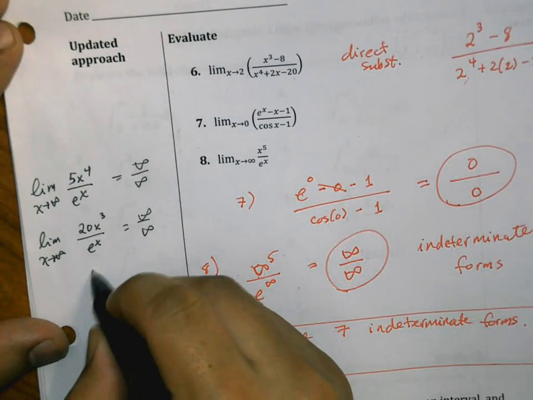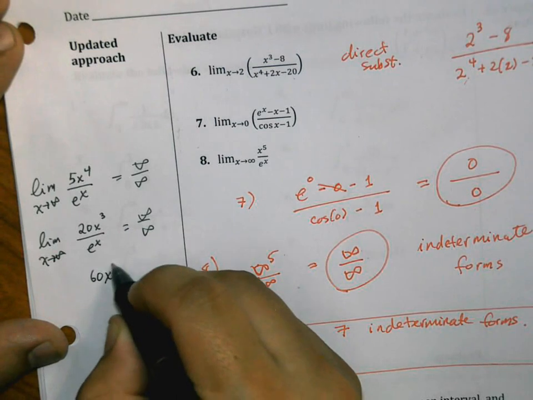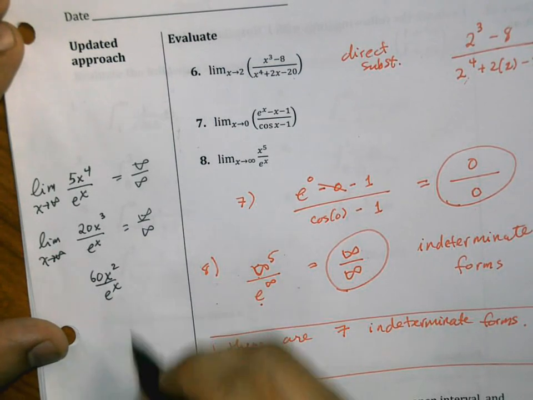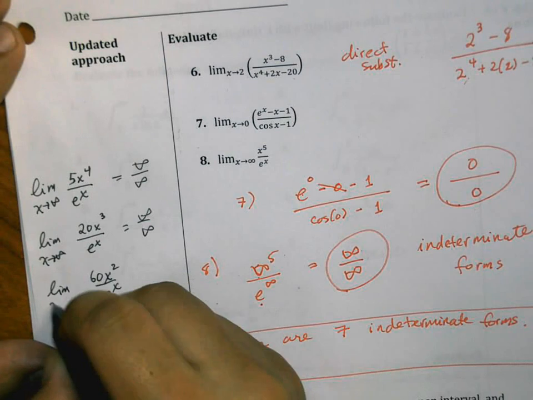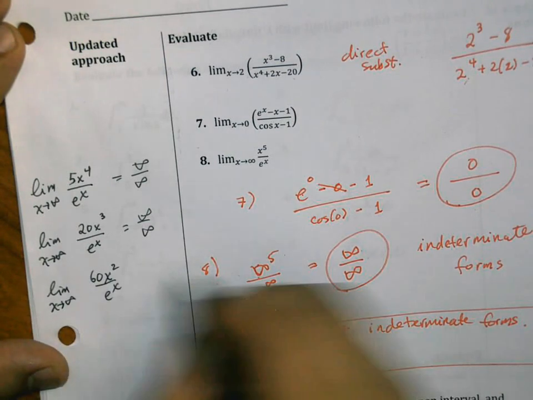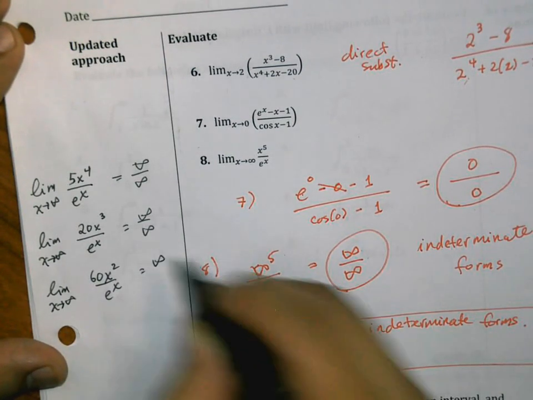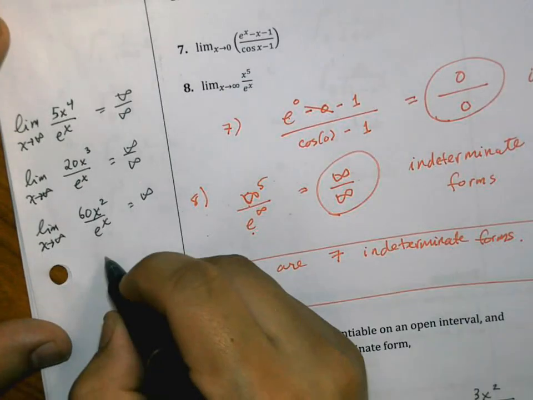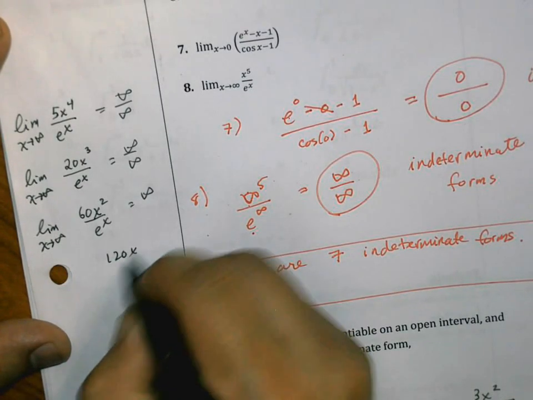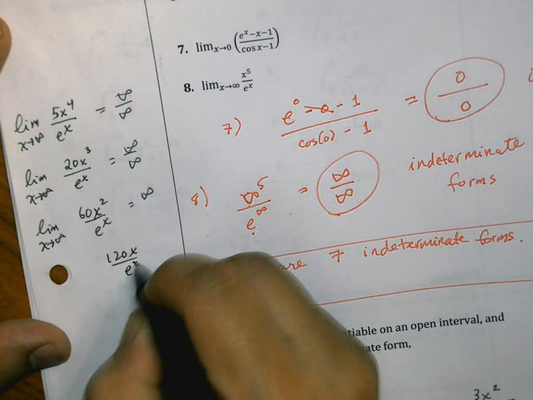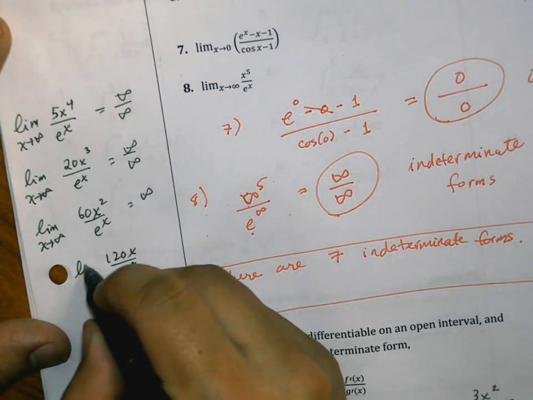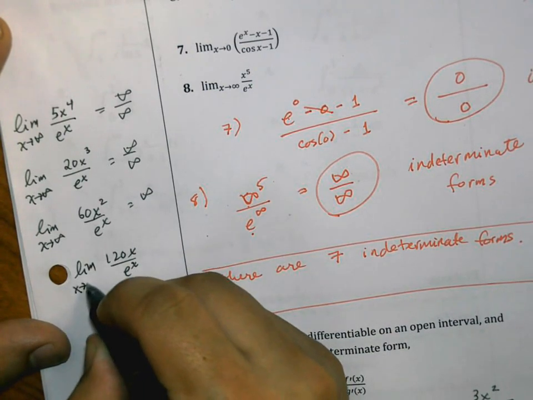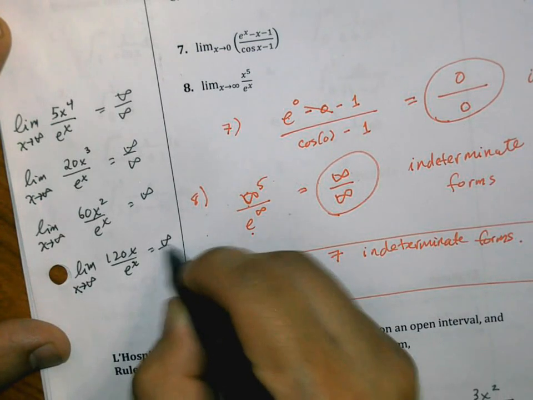So take the derivative again, 60x squared over e to the x, and we get infinity over infinity. So that's also indeterminate. So take the derivative yet again, 120x over e to the x, and we still get infinity over infinity.